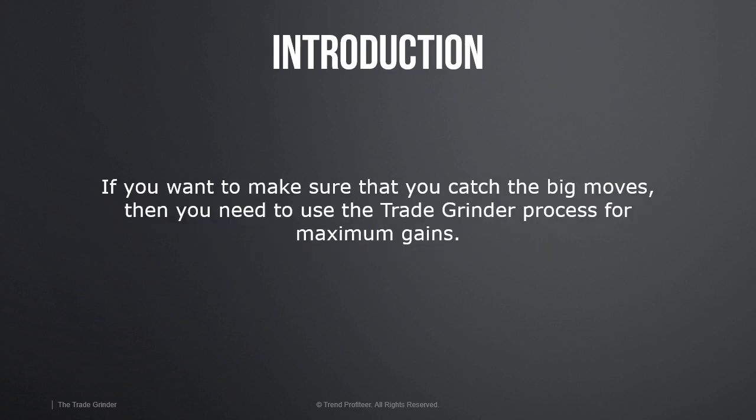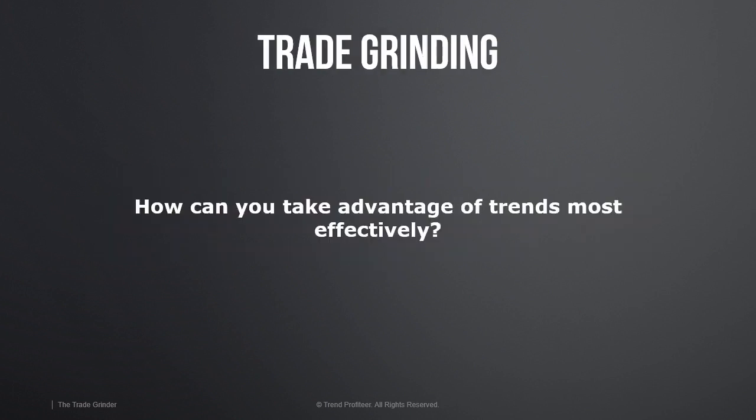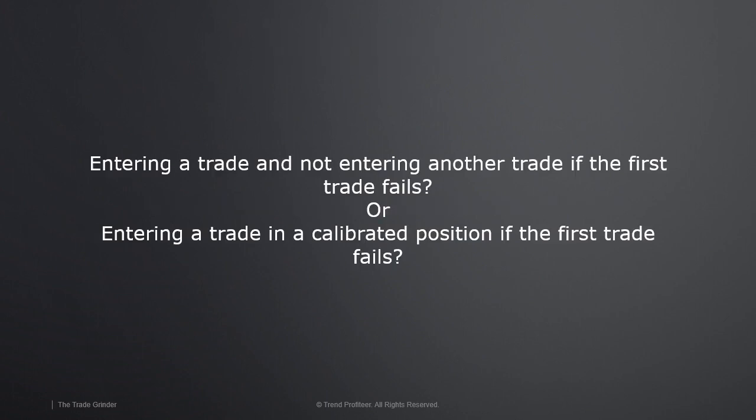If you want to make sure that you catch the big moves, then you need to use the trade grinder process for maximum gains. Once you start incorporating trade grinding into your trading, you can start exploiting these moves even when you experience losing trades because you're using the power of calibration with the probabilities of catching the trend. So, how can you take advantage of trends most effectively?